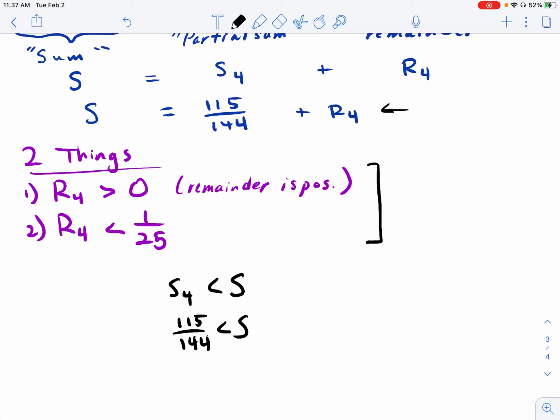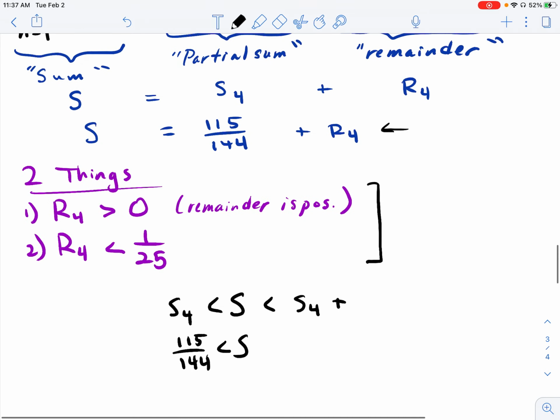And because, again, my remainder is positive, I can then say that my R sub 4, or my sum, I should say, is less than my partial sum plus whatever our next unused term is.